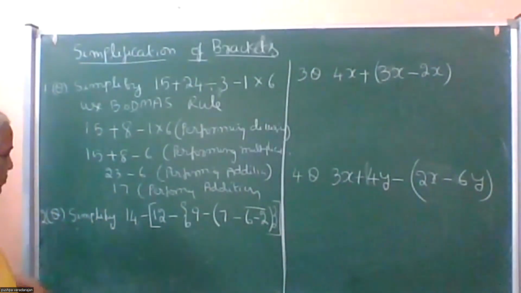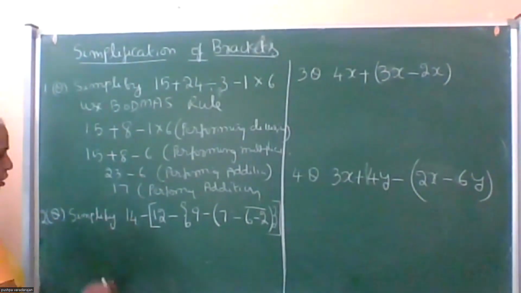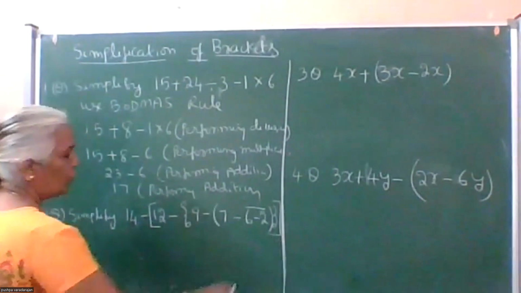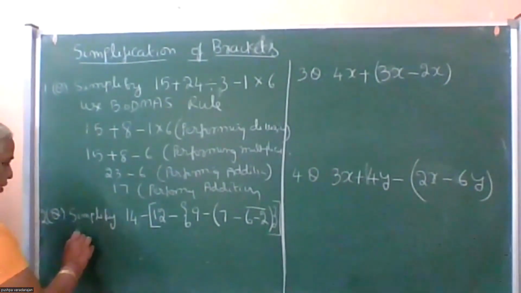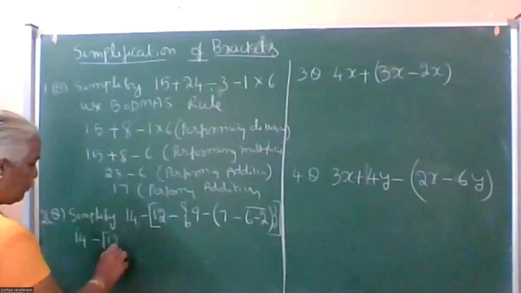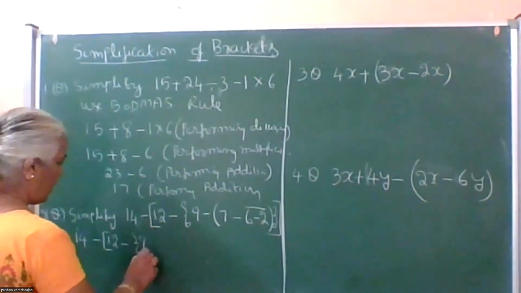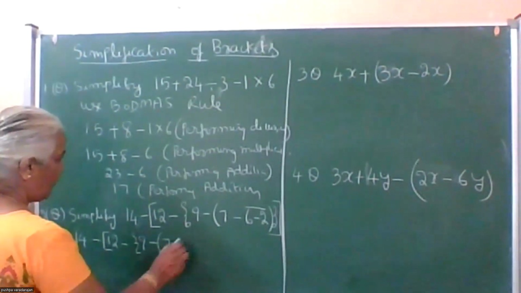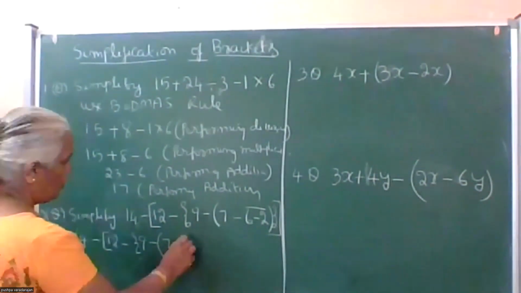And in the next sum, we have to follow the order. First, we have to remove the bar bracket. The remaining terms write as it is: 14, square bracket, then the curly bracket, 9 minus 7, 6 minus 2. 6 minus 2 is 4.